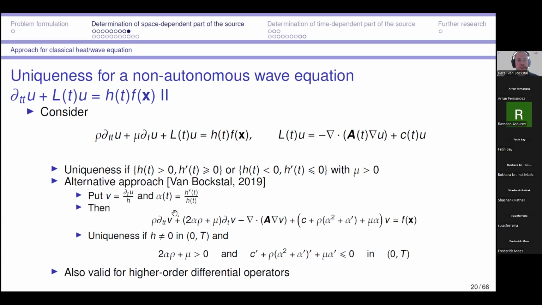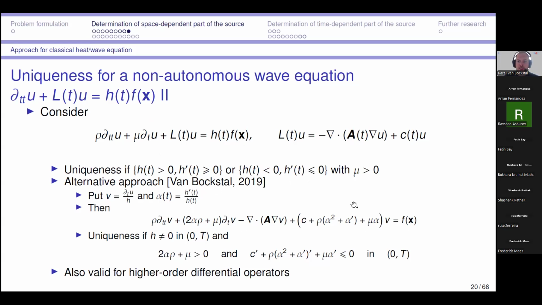And then the alternative approach, when looking at this rational function alpha t, then the PDE, which is given here, in terms of v becomes this one.